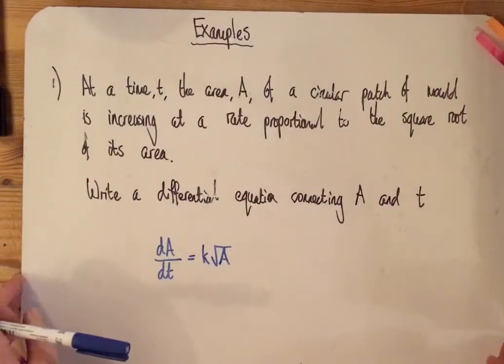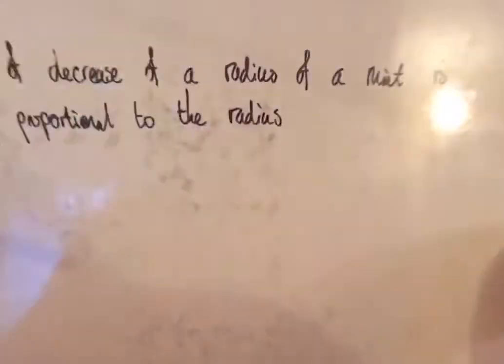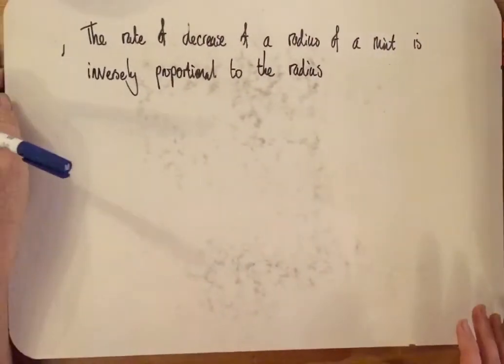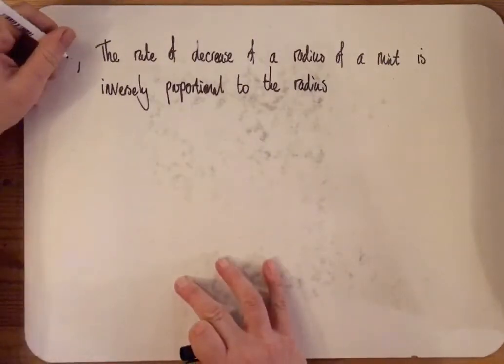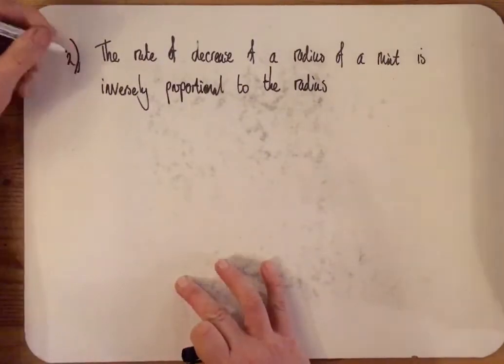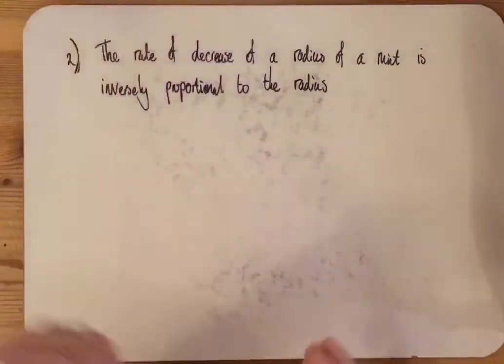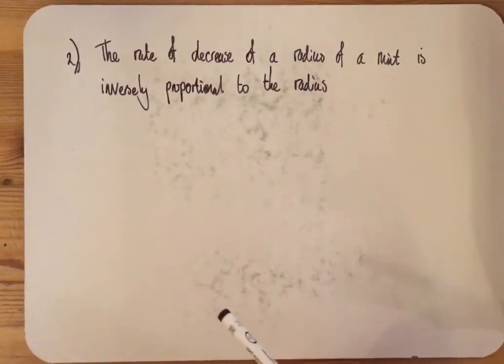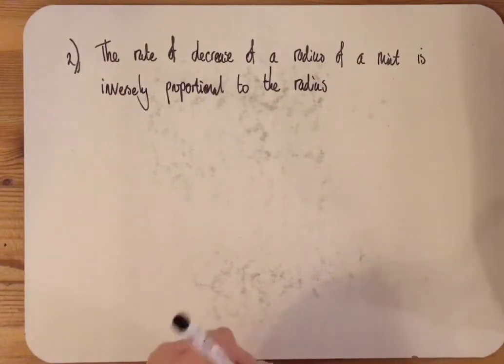Right, second example. I did see this on an exam paper somewhere. The rate of decrease of the radius of a mint is inversely proportional to the radius.